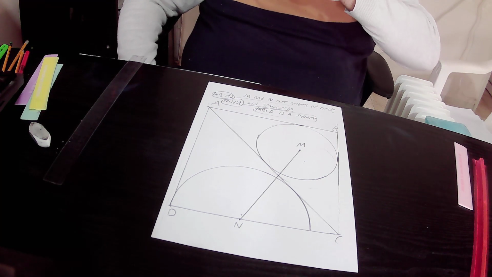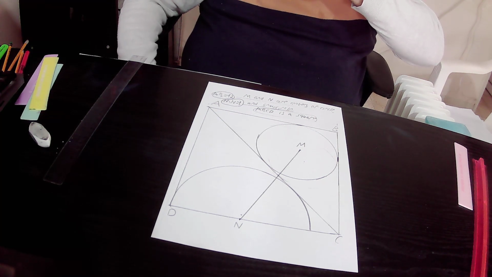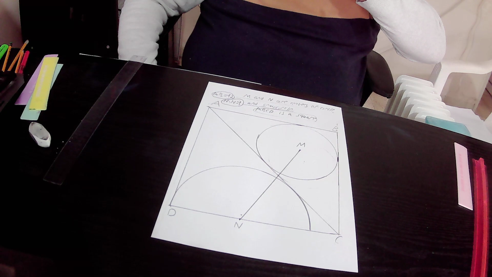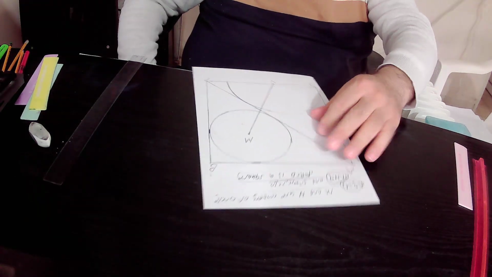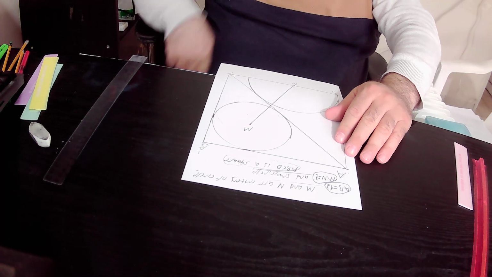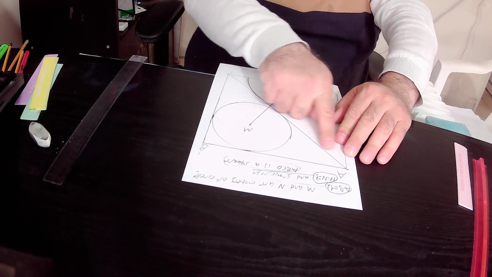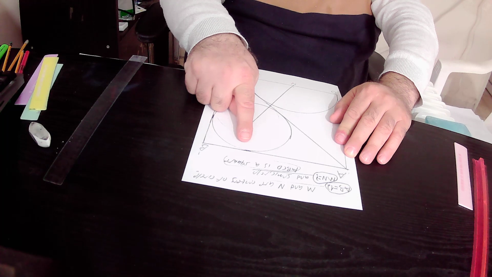Okay, so first of all we will define the point of tangency of tangent AB with this circle.